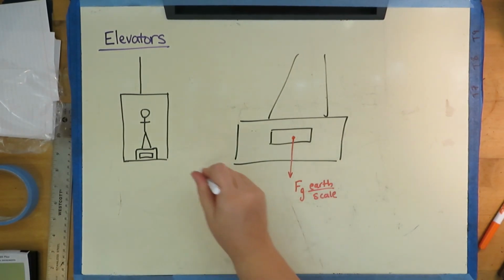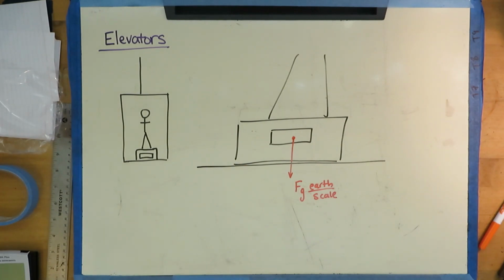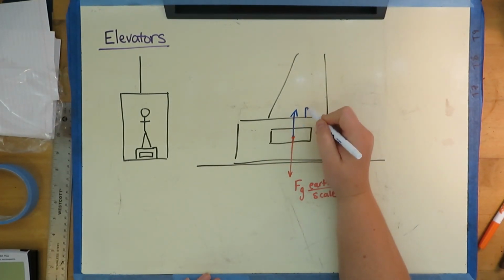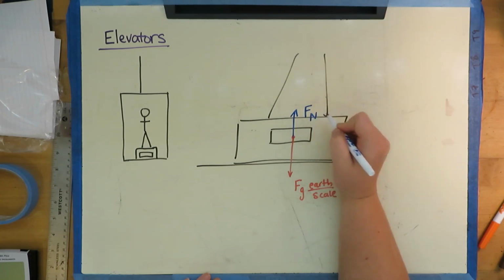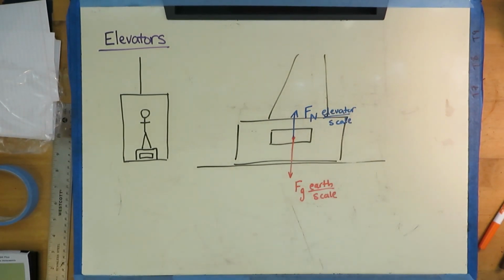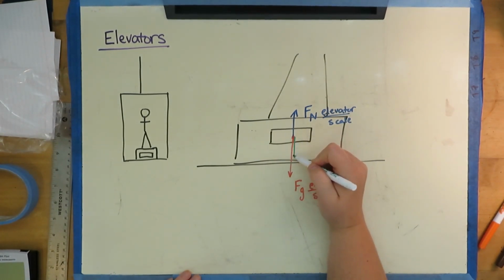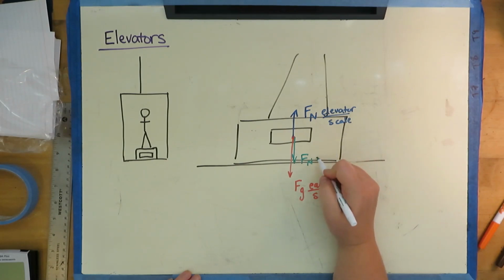The scale is sitting on the floor of the elevator, so I would have the normal force of the elevator on the scale. And then I would also have my force pushing down. Now my force pushing down is a normal force, the normal force of me on the scale.